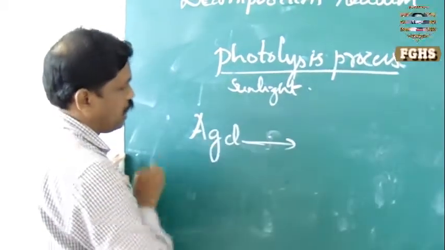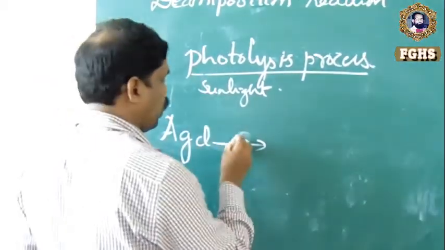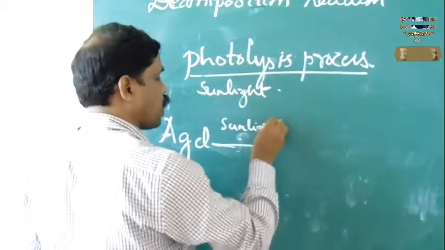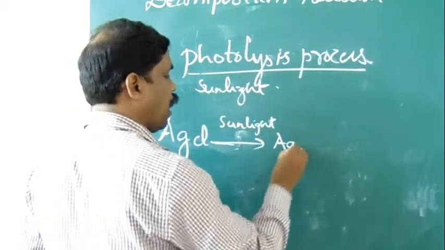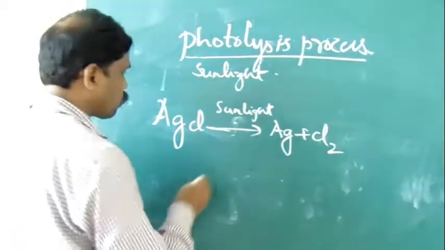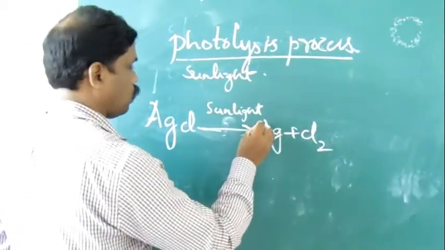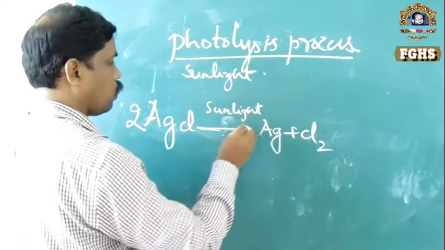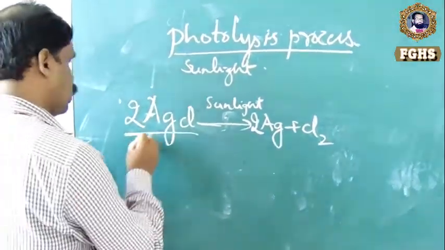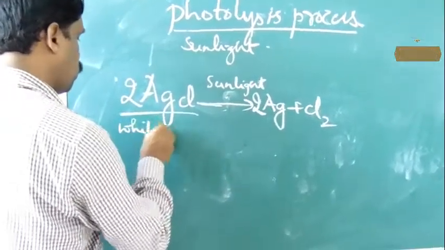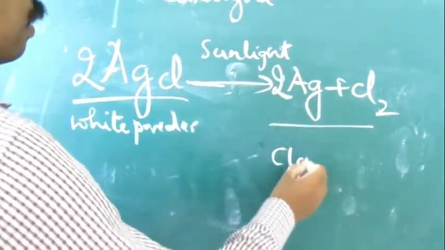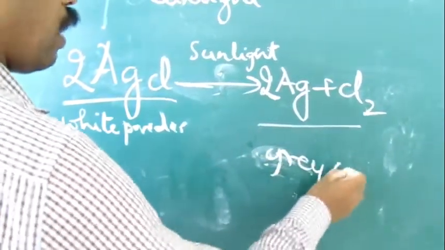When AgCl, silver chloride, is exposed to sunlight, it gives Ag plus Cl2. Silver chloride is a white powder, and it gives a grey colored powder.